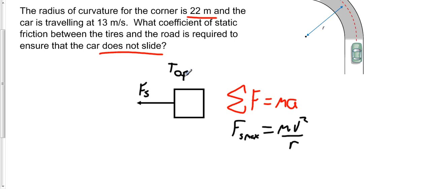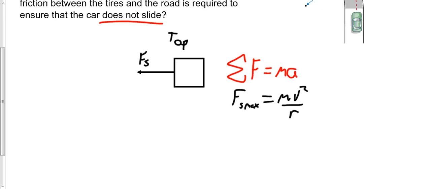If we look at a side view of the same car, with another free body diagram, we now have other forces on it. We've got gravity pointing down and the normal force pointing up.